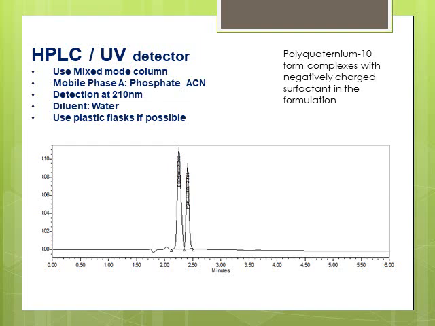The first one is actually all placebo related, meaning that it is the other excipient present in the formulation. And the peak near 2.5 minutes is the Polyquaternium-10. There is no other detectable peak associated with Polyquaternium-10. It is possible that in this second formulation either Polyquaternium did not make a complex, or if it did, both peaks are eluting at the same retention time.